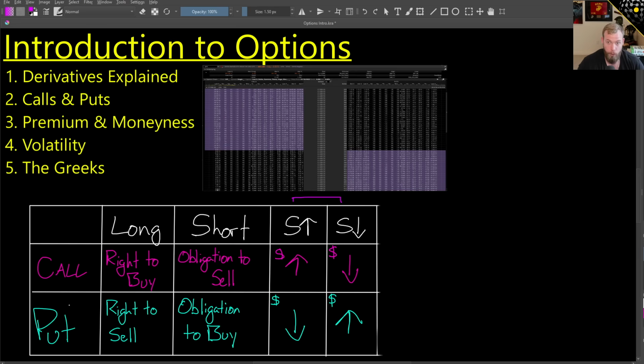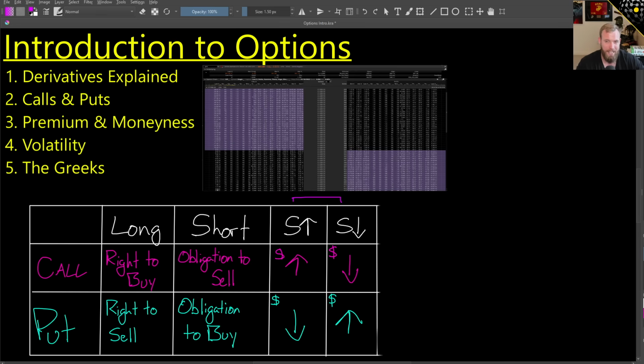Now, from a put side, if we think about calls, this is what people are used to seeing. People think, I want to buy shares low and sell them high. That's like a typical stock transaction. So long calls typically resonate with people a little bit more. The thing with long puts or buying a put, it's kind of like if you're shorting stock. It means you have the right to sell something.